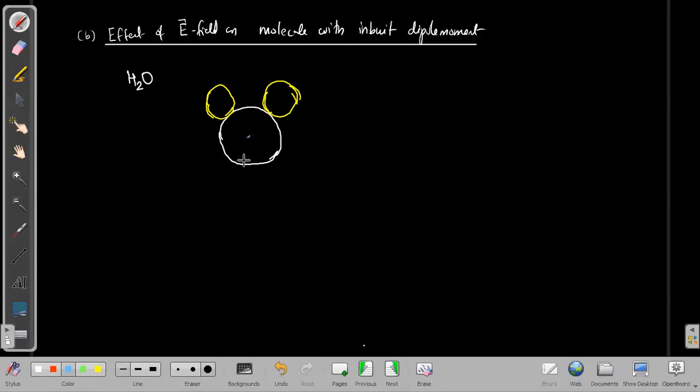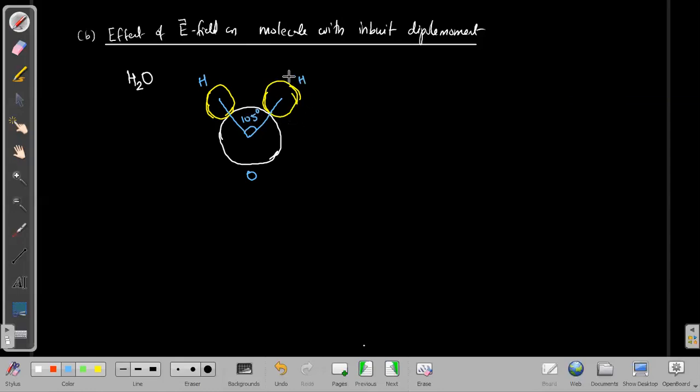Okay, so this is oxygen, hydrogen, hydrogen. Now the angle between these is about 105 degree.